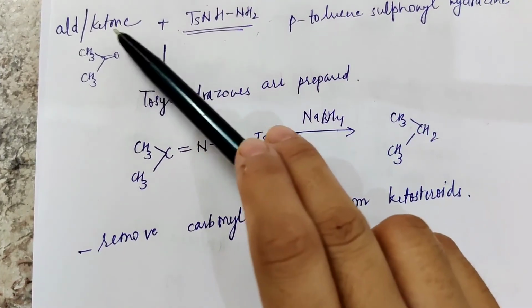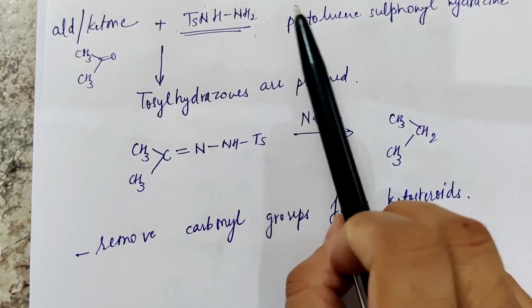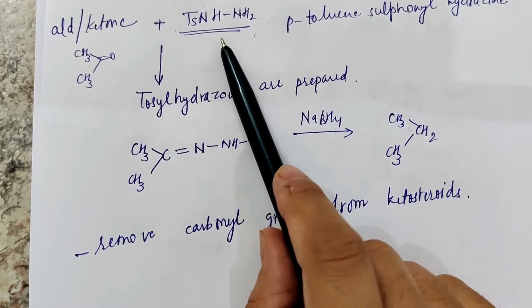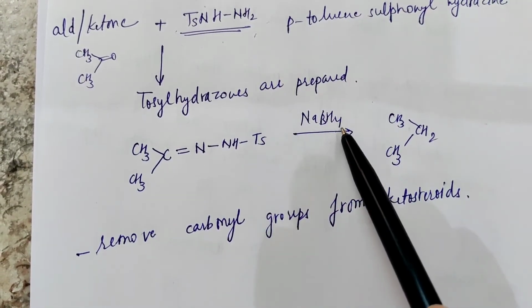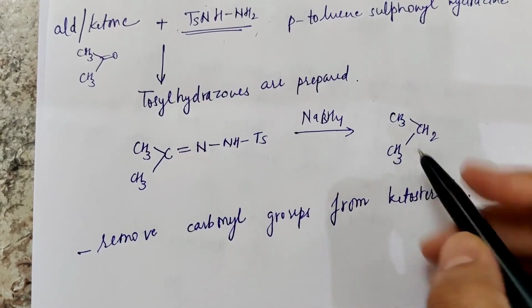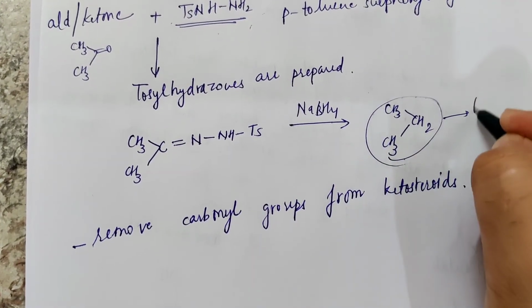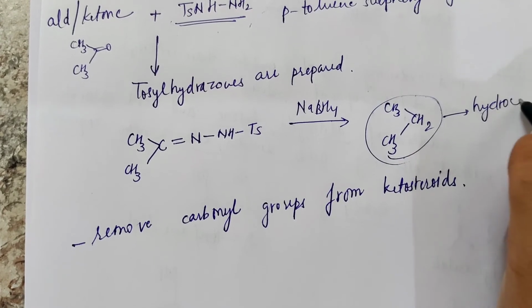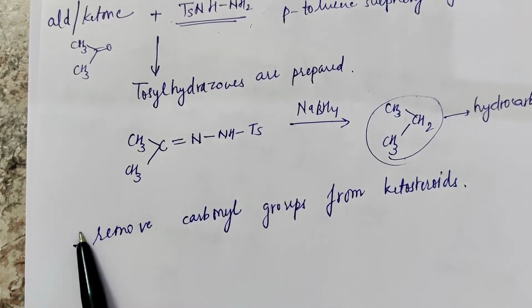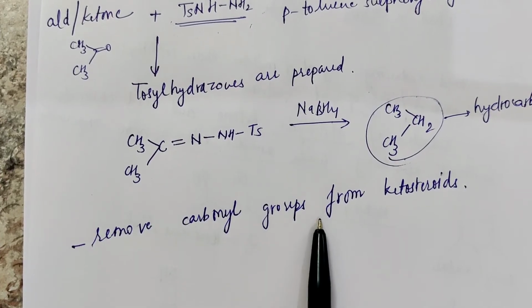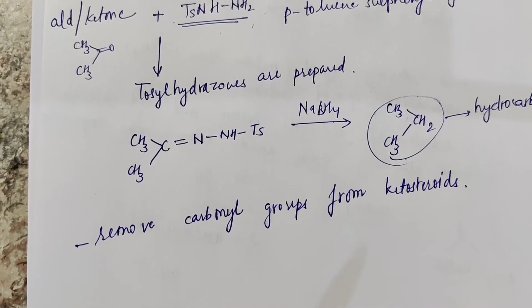Otherwise, you can say aldehyde and ketone on treating with para-toluene sulfonyl hydrazine first and then later treating with sodium borohydride are converted to hydrocarbons. Particularly this reaction is used for the removal of carbonyl groups mainly from the ketosteroid.